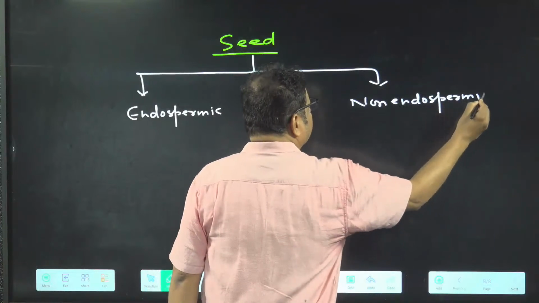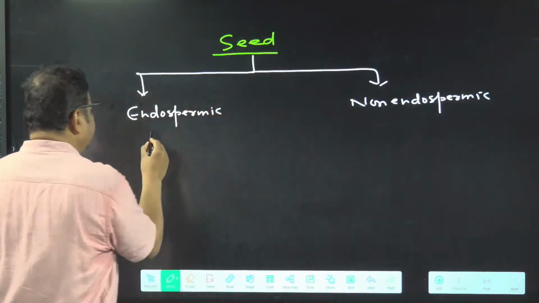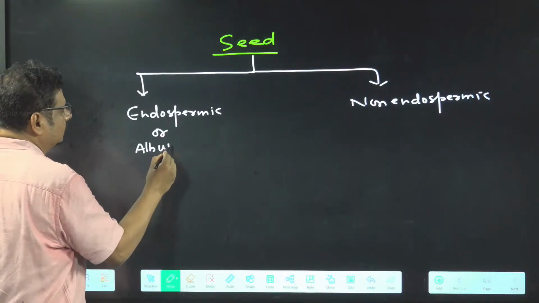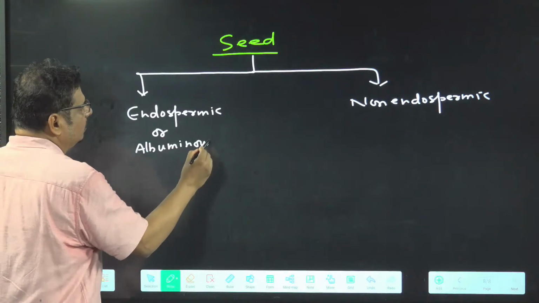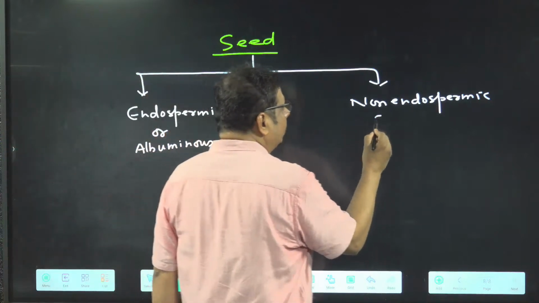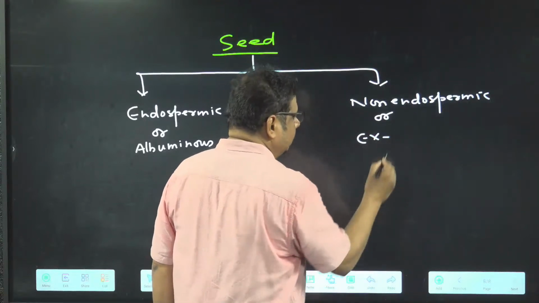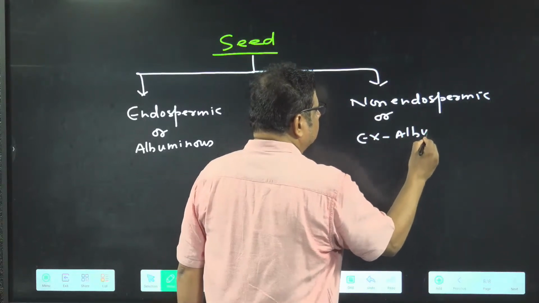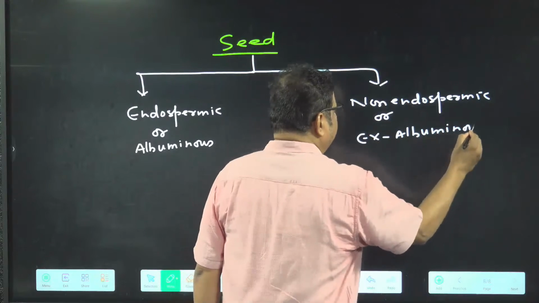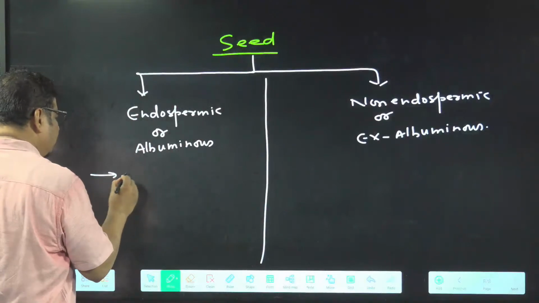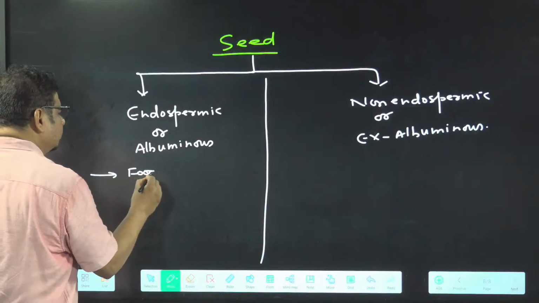If you talk about endospermic seed, what is another name? Albuminous seed. If you talk about non-endospermic seed, it is also called exalbuminous seed. So in albuminous, endospermic seed, food is stored as endosperm.